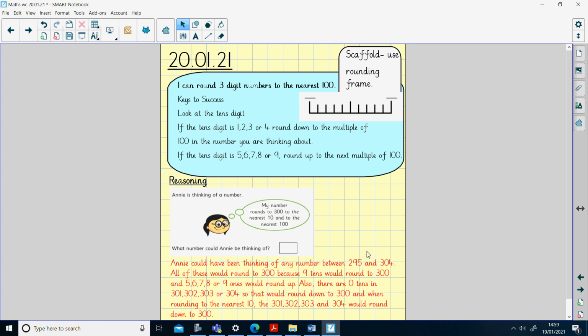So there would be 9 tens in 295, 296, 97, 98, 99. Also, there are 0 tens in 301, 302, 303, 304, so they would also round down. 305, though, remember, would round up to 310, and that's why I've got to stop at 304.